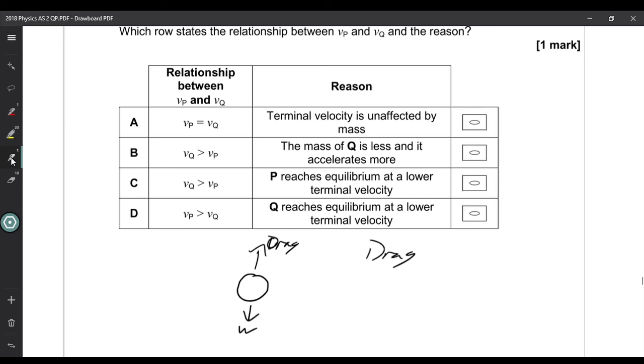And because they're the same shape, they're going to have the same acceleration, then Q is going to reach equilibrium at a lower terminal velocity because it doesn't have to create as much drag because it has a lower weight. So the answer to this one is going to be D.